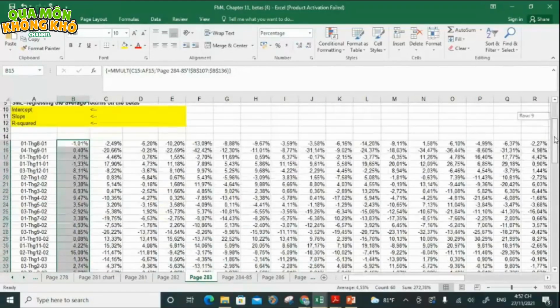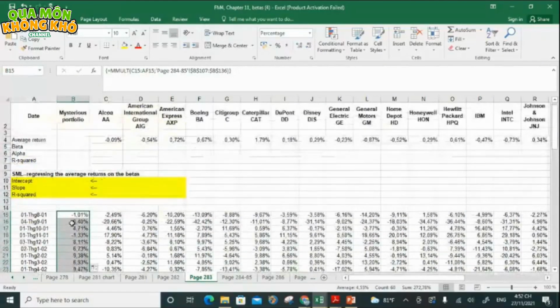Similarly for the rest of the days in the year, you will have the mysterious portfolio like this.